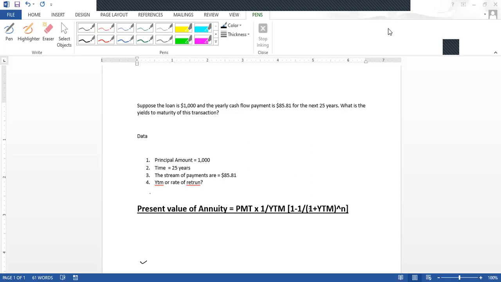Yet we can solve this problem with the support of a simple scientific calculator that every student has in her or his bag. Okay, so let's try to solve this problem with the support of a scientific calculator.